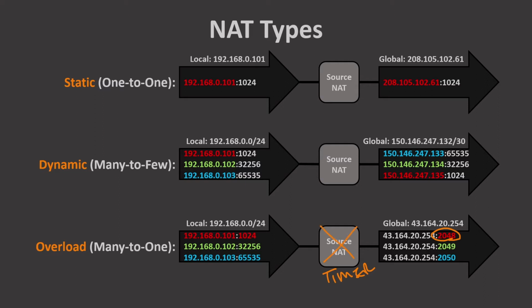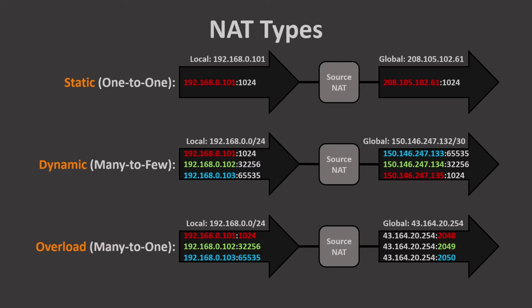Additionally, if the NAT device goes down, or if the local host goes down, or if the local host is inactive for a long period of time, or if an administrator logs in and clears the translation, in all four cases, the translation can be lost and cause connectivity problems for ongoing but quiet applications out to the global network. Just like in the dynamic example, if the timer is reached and the binding is lost, then what can happen is the local host can be given another port, which can confuse the global host who's not expecting traffic from that IP on that port.